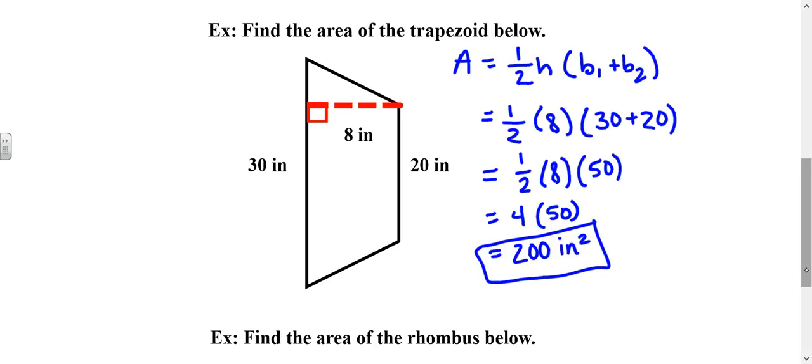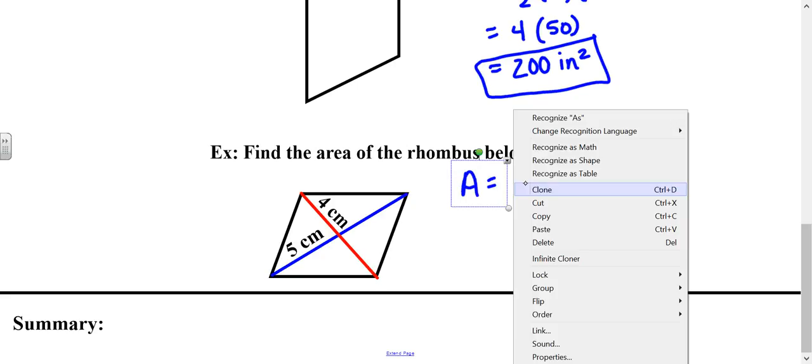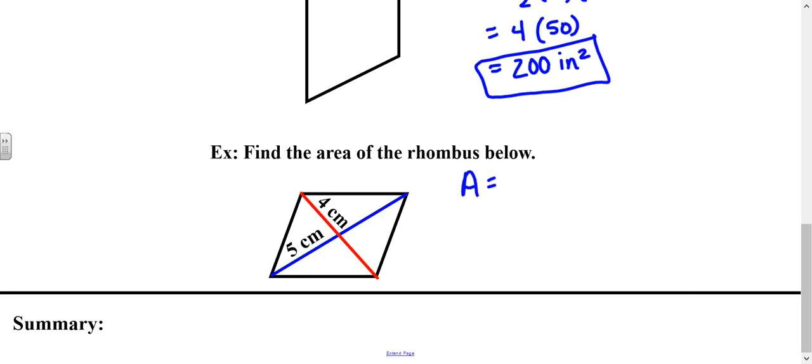Okay, then for a rhombus or a kite, we're going to use the other formula, which is 1/2 times diagonal 1 times diagonal 2. So in this case, the picture is very hard to tell. You can't just assume that these pieces are congruent. So we're just going to use this as the whole thing.